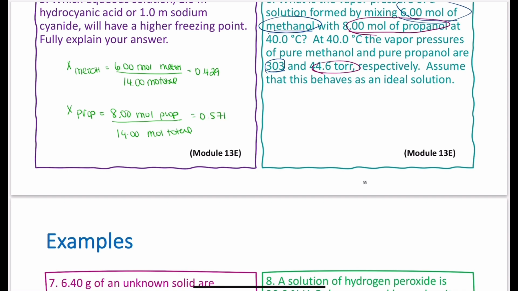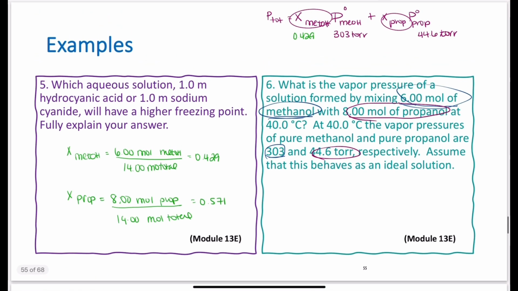What does that mean though? That means that 57% of my sample is due to propanol and 43% of my sample is due to methanol. That's what the mole fraction is telling me, right? It's just doing it in fractional form. But that means that 43% of the pressure from the system is coming from the methanol, and the other 57% of the pressure of the total system is coming from the propanol.